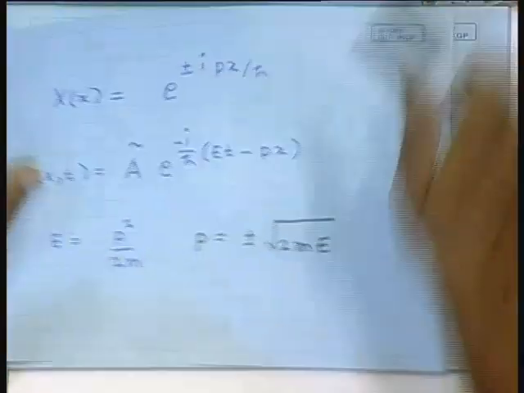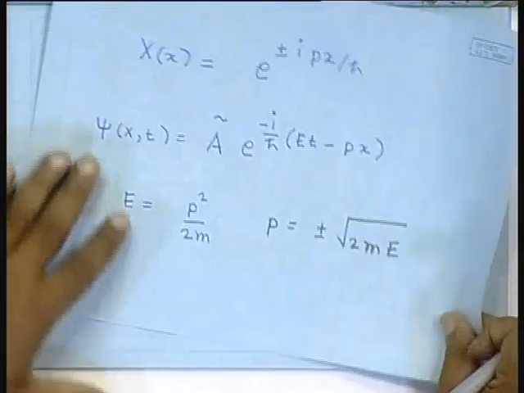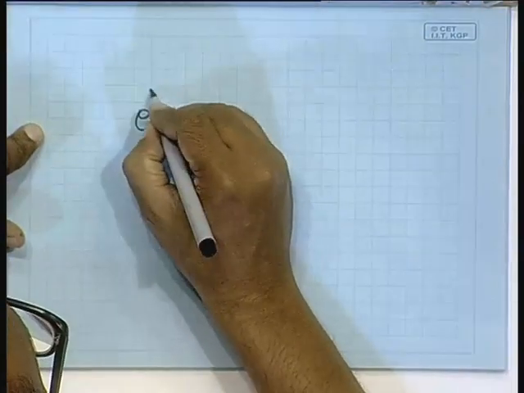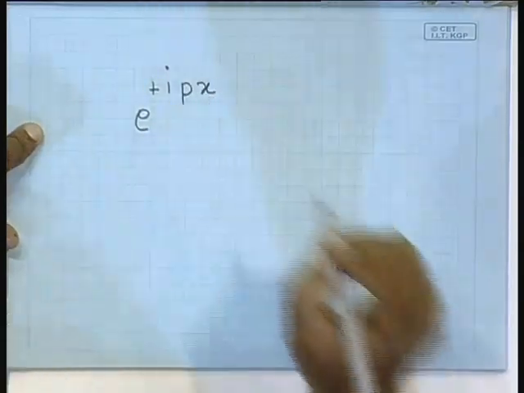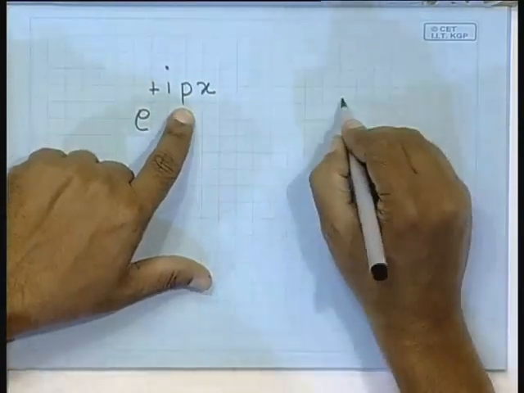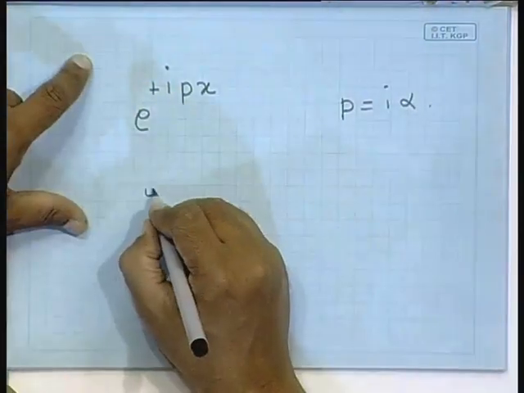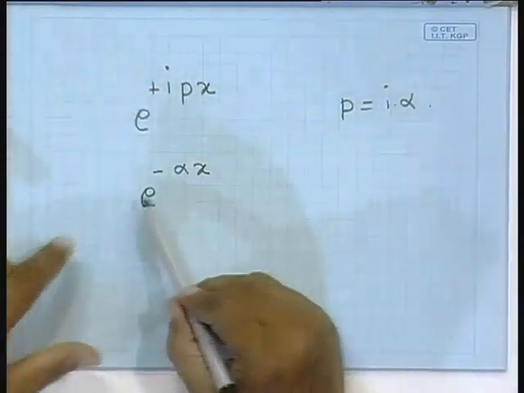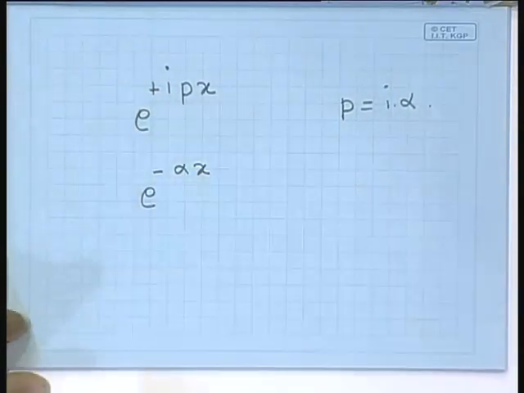Why does E have to be necessarily positive? If E is negative, then P becomes imaginary, and the x dependence is e to the power i p x. If P is imaginary, let us say P is i alpha, then this becomes e to the power minus alpha x, because i times i gives minus 1, and the range of x is from minus infinity to plus infinity.